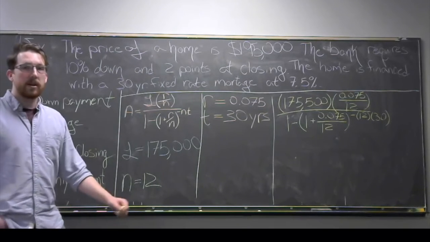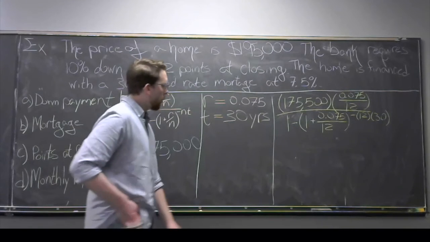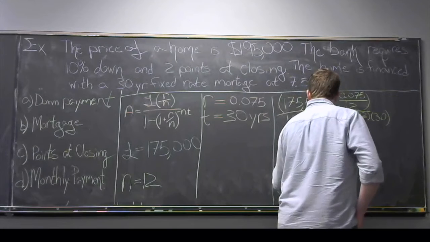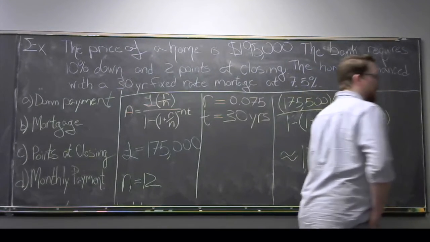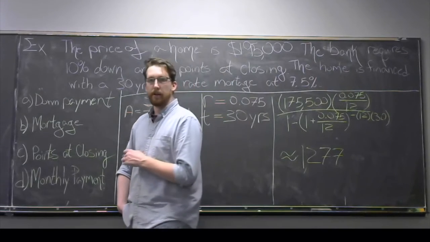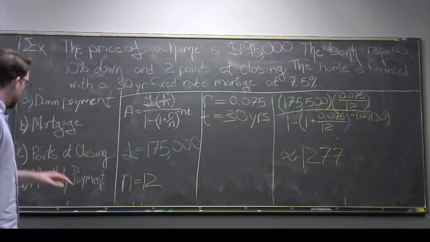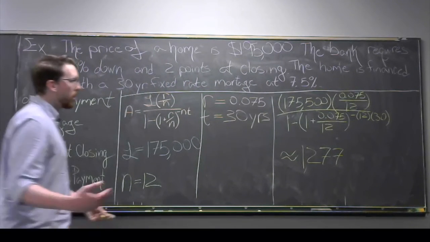And when all is said and done, and we've worked through this arithmetic, what we're going to find is that this is about $1,277. That is the monthly payment that you owe on this mortgage.